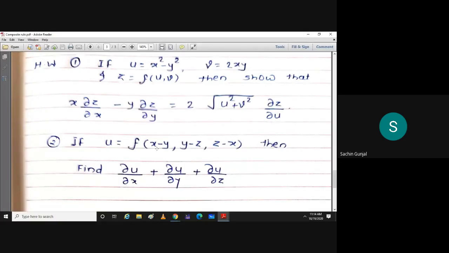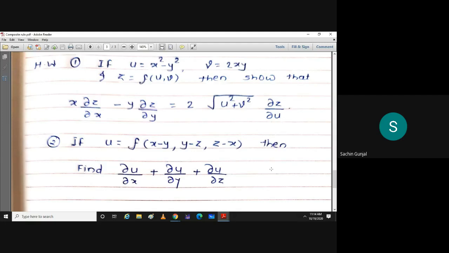Obviously one term will be 0 because z is missing here. Then ∂w/∂y, in that the x term will be missing because x is not here, so its derivative will be 0. And then with respect to z, there also one term will be missing, and you add them, the answer is 0. Okay, the answer for this second problem is 0.